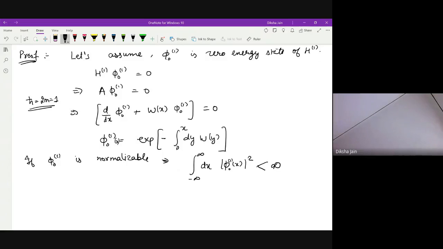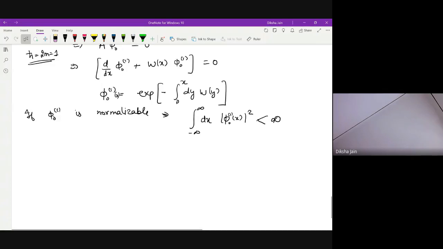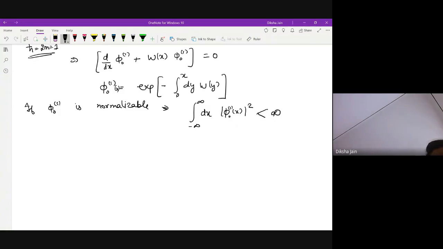This is the definition of normalizability, no? That the norm is finite. Usually you set the norm to be 1, so you normalize it accordingly. But if it's finite, you can always set the norm to be 1. And now what will this mean? Since x is integrated over minus infinity to infinity, this means that, sorry, any question?